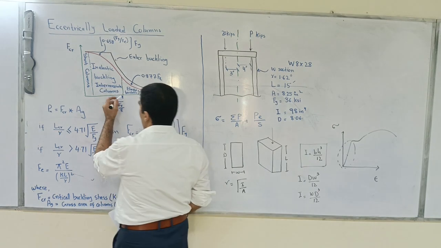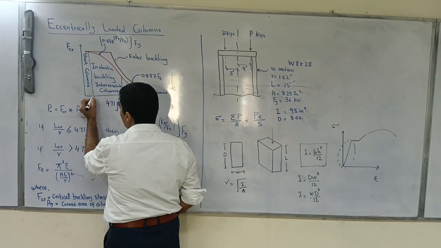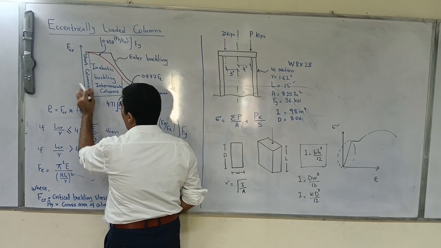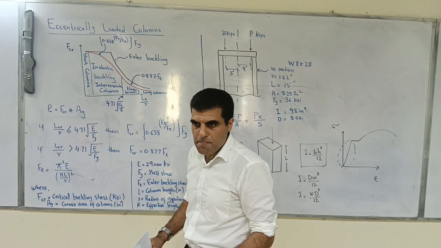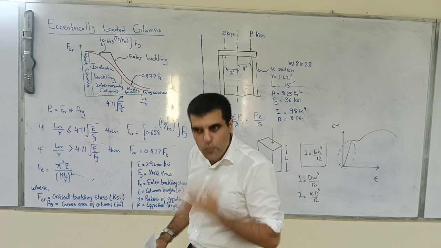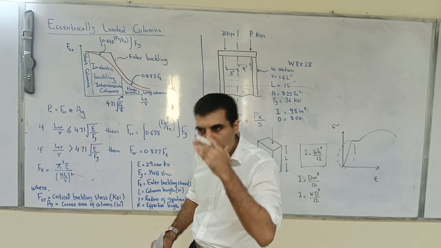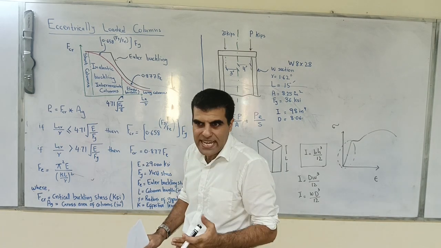Now, from this range, if I further reduce it, what happens? I come to a point where there won't be any buckling, and my compression member will be failing only in compression, in crushing, no buckling at all.